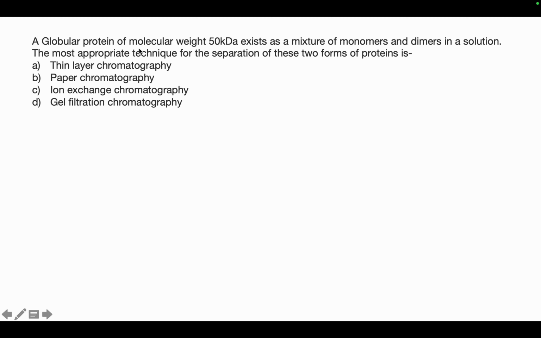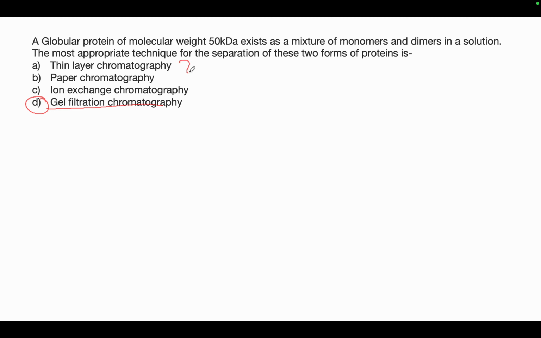A globular protein of molecular weight 15 kilodalton exists as a mixture of monomers and dimers in a solution. The most appropriate technique for the separation of the two proteins, again what I explained before, is that whenever there is a difference in size we go for gel filtration chromatography, right?